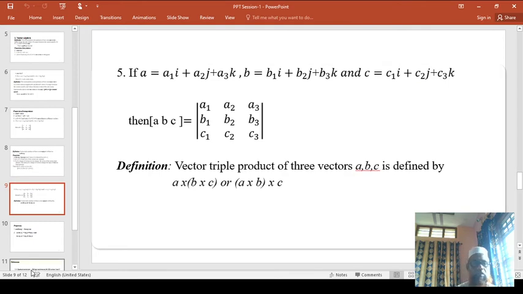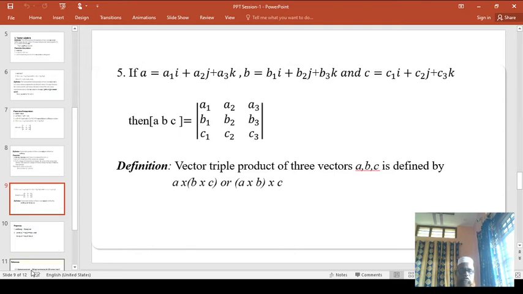The fifth one, which is very important: if vector A is A1 i plus A2 j plus A3 k, B is B1 i plus B2 j plus B3 k, and C is C1 i plus C2 j plus C3 k, then the scalar triple product, denoted by the square bracket [A B C], is also a third order determinant.